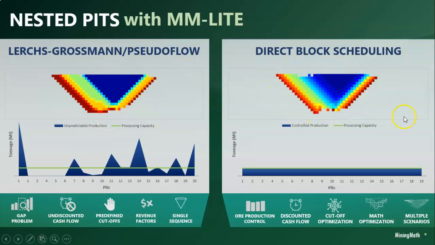For example, this sequence is from the price of $1 for the product. So if you have another revenue factor, you can do another process, and you will have multiple scenarios, and it can help you to decide which one is the best one. So you can make more assertive decisions.